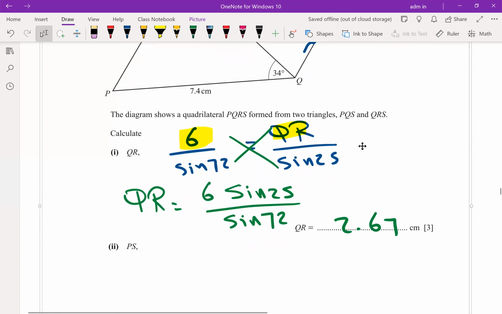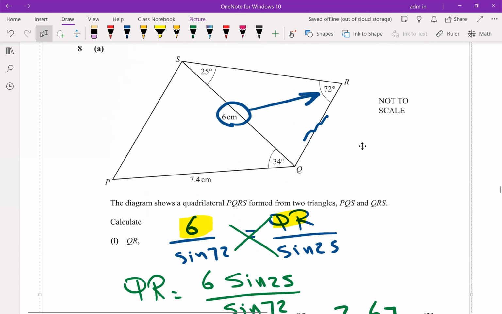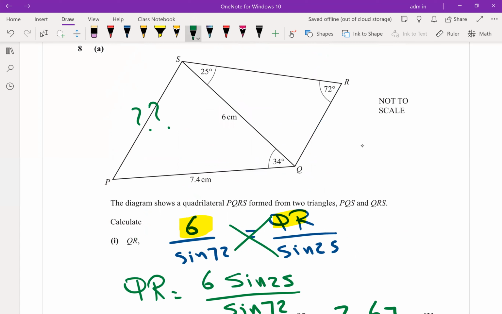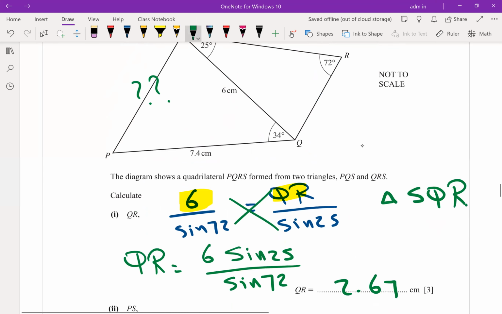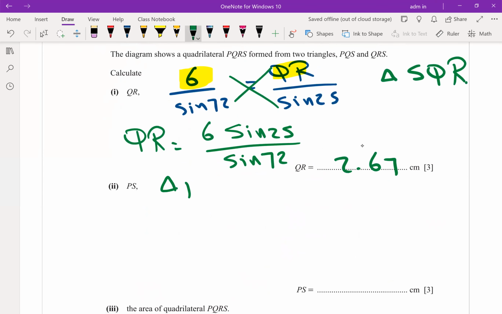Anyone get another answer? Okay. PS. How to get PS? Apply cosine rule. For which triangle? The first question I started with triangle SQR. For the second one, triangle PSQ. How to find the side PS?